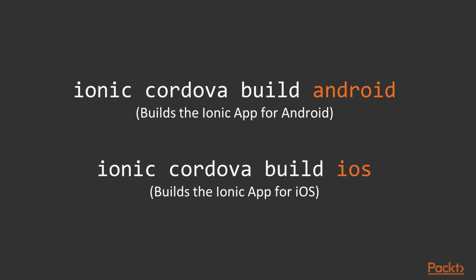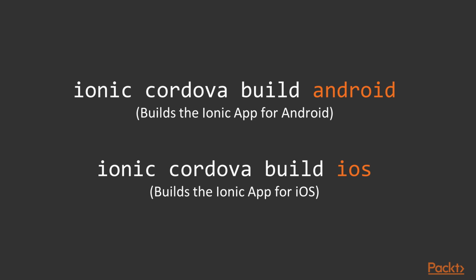You can go ahead and build your application for the respective platforms. The command to do that is ionic cordova build android. Or if you want to build for iOS, the command to do that is ionic cordova build ios. As you can see, you are free to pass in the name of either platform.